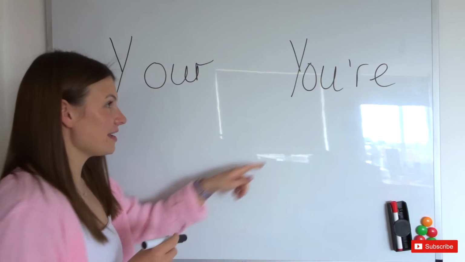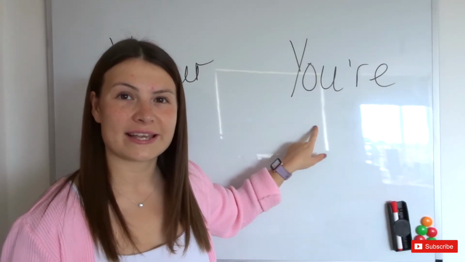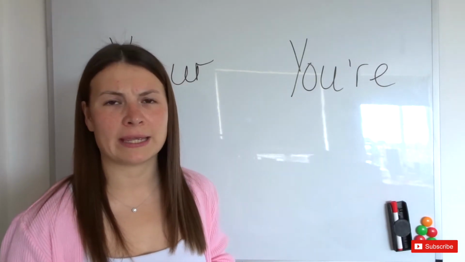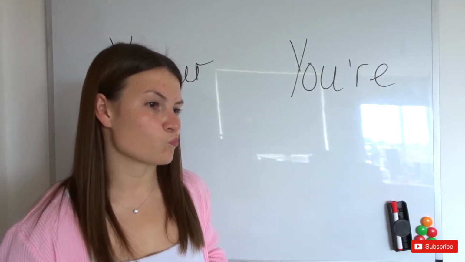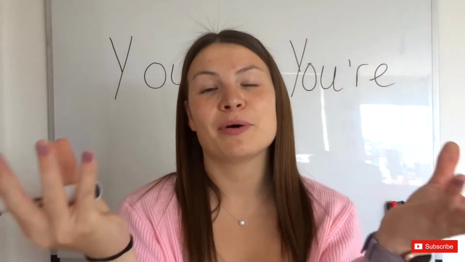Okay, so this your, I'm going to start over here. This your is a contraction word. What does a contraction word mean? A contraction word is when you have two words and you put them together to make a shorter word.